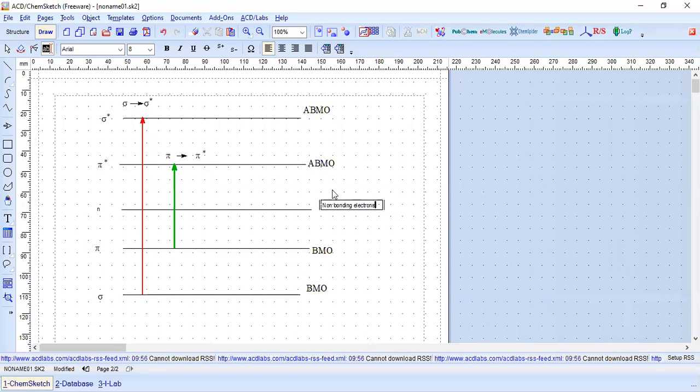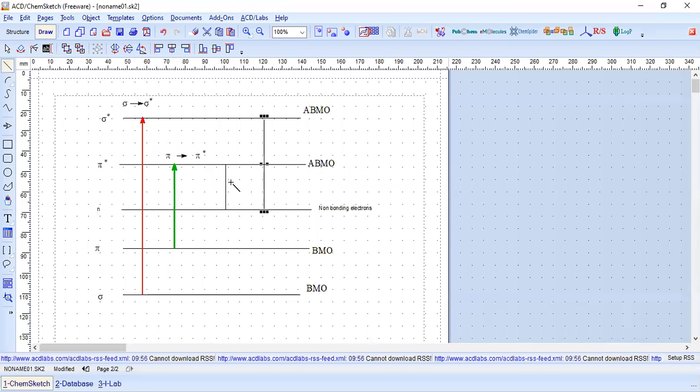They will simply be lone pairs on oxygen and other heteroatoms. Non-bonding electrons can enter into pi star, and non-bonding electrons can enter into sigma star.